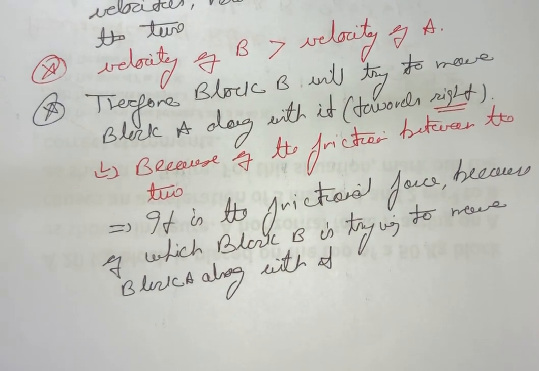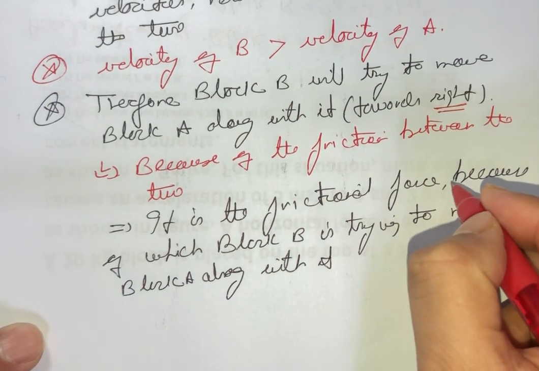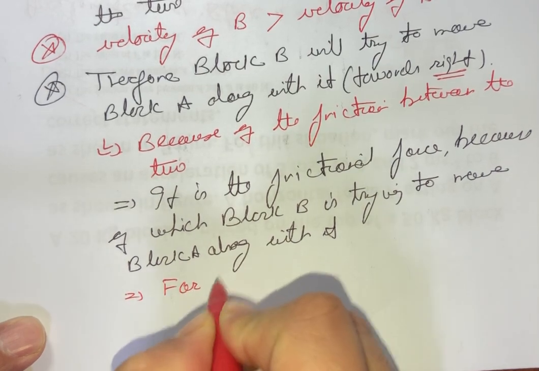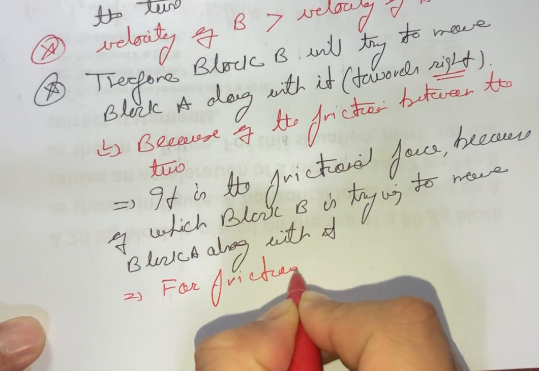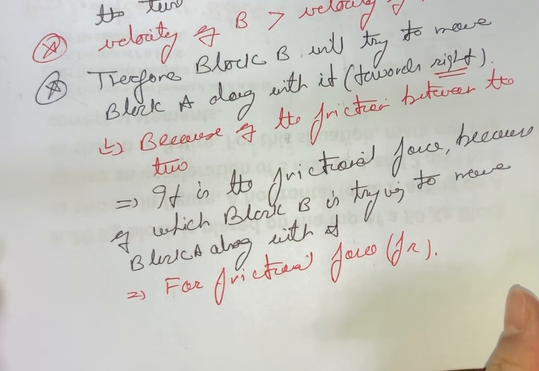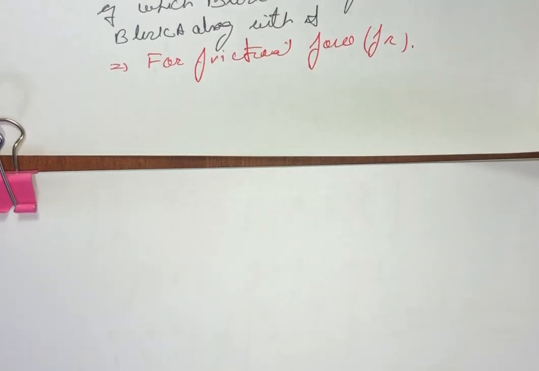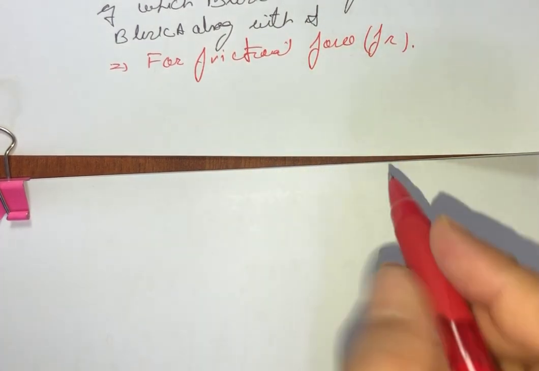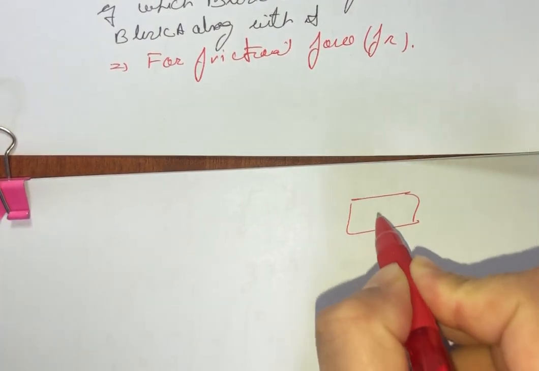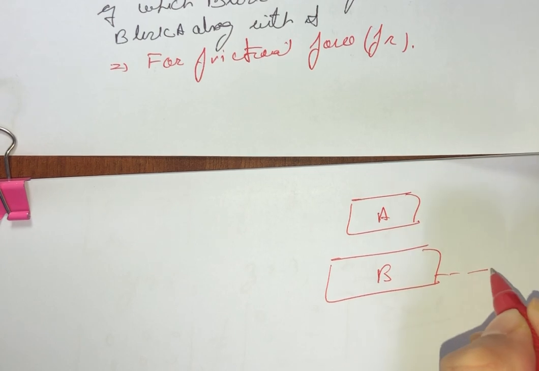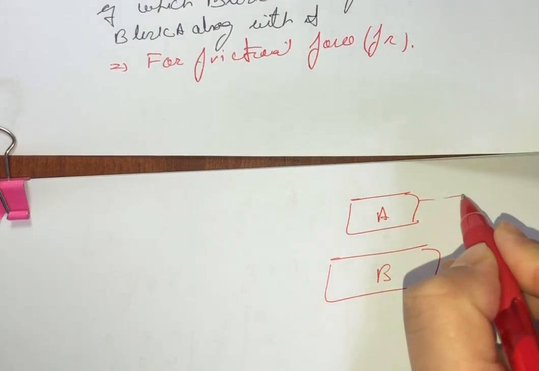If we say that the frictional force is Fr, we can draw the independent free body diagram of A and B. So we have a block A and this is block B, and the velocity of B is 2v and the velocity of A is v.